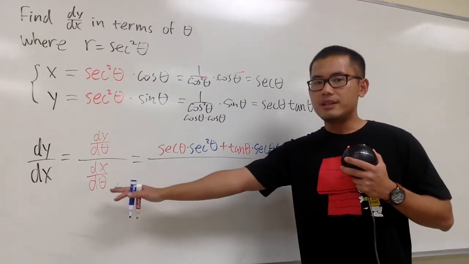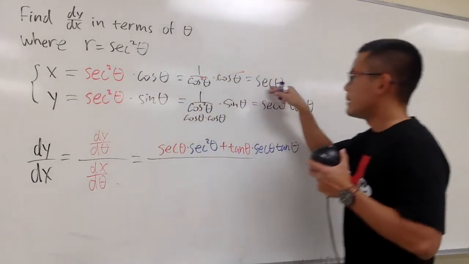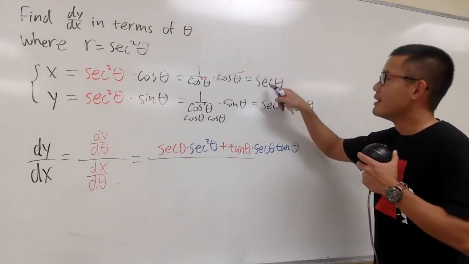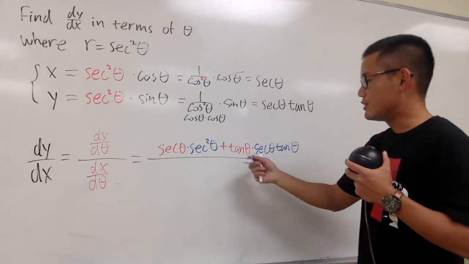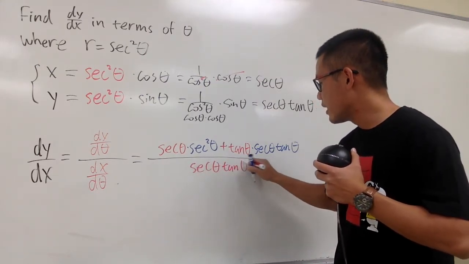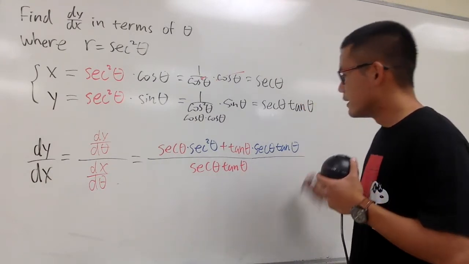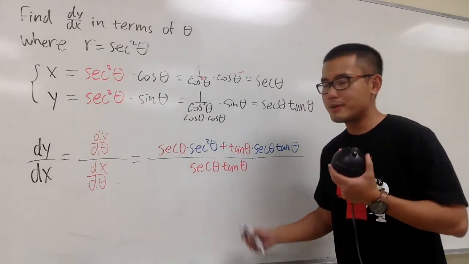And for the dx/d theta, we are differentiating x with respect to theta. We just have to do the derivative of secant theta, which is just secant theta tangent theta, like this, isn't it? So that's pretty nice. And is there anything you can simplify?